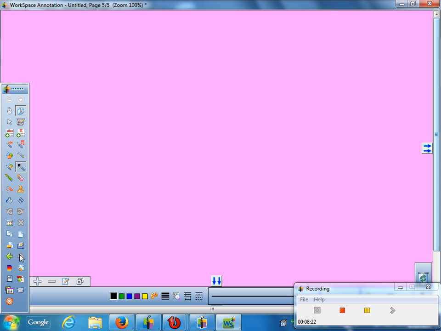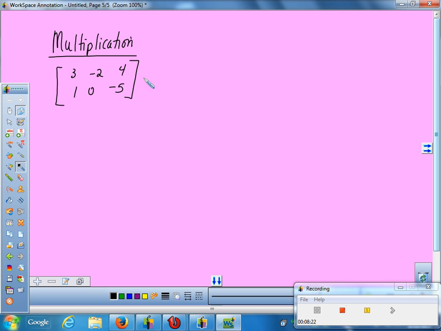All right, multiplication. Are you thinking these dimensions aren't right?